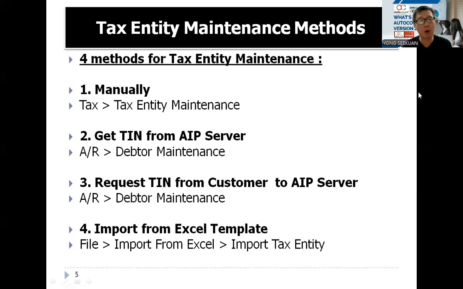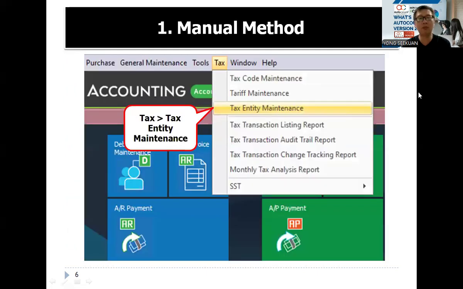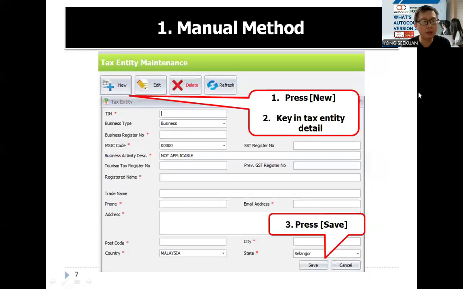So let's go to how to use this test entity maintenance by these 4 methods. First method will be by manual, very easy. Just update your test entity in our AutoCount. When you go to data maintenance, you can select this test entity. Then you go to the test entity maintenance. Then you press the new button. Then you fill in all your customer test entity or supplier identity.